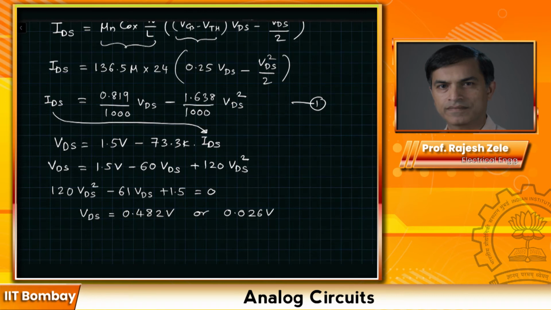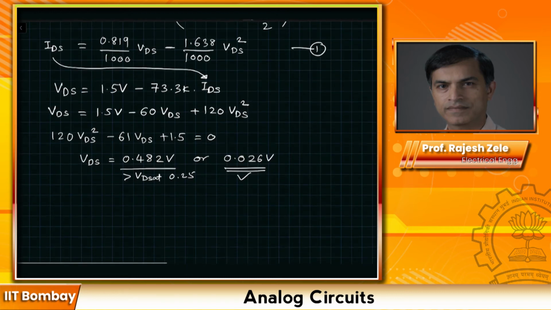So out of these two roots, if you choose this one, then we know that this is greater than VD sat of 0.25. So this is not a valid root. So this is the only possible solution for non-saturation region.